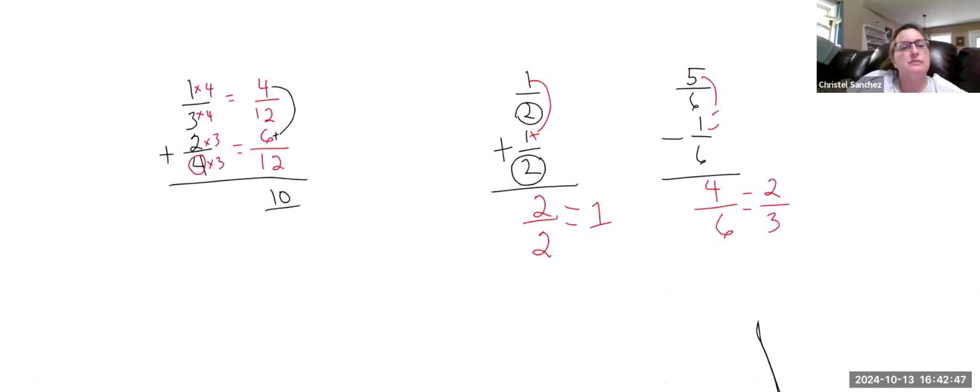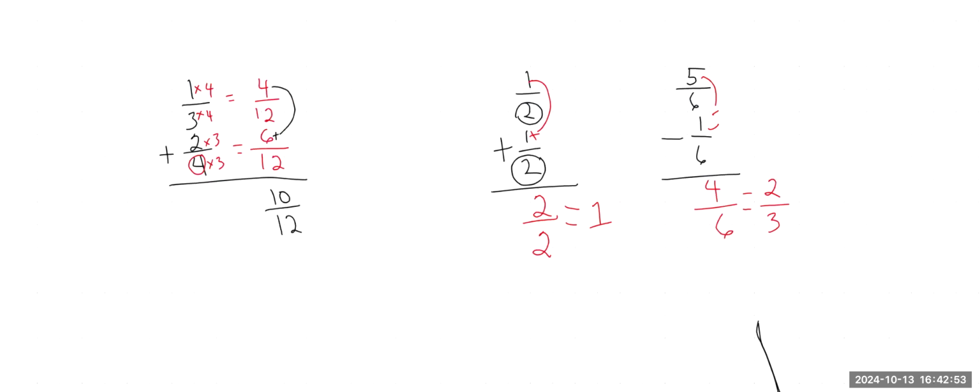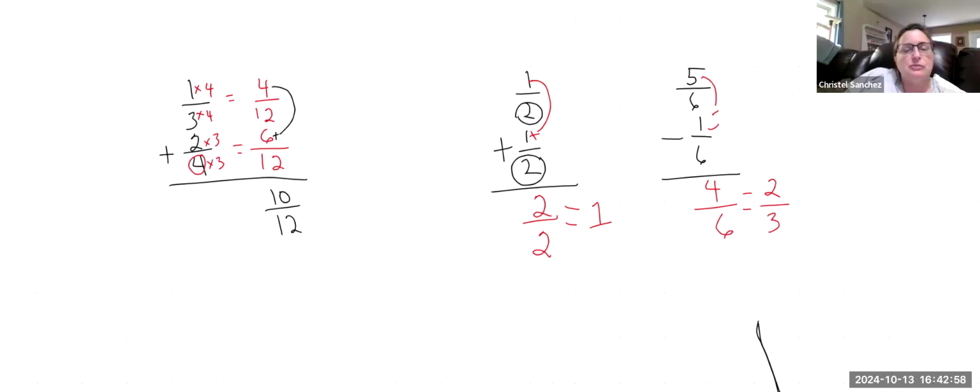So I have 10/12. Can I leave it that way? Is that in lowest terms? No. So I would use 2. 2 goes into 10 5 times, and 2 goes into 12 6 times. Does that make sense?